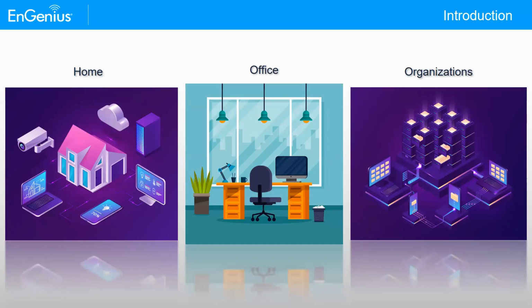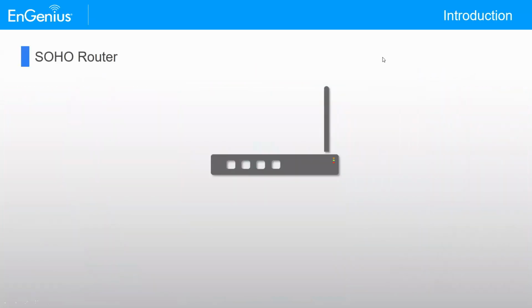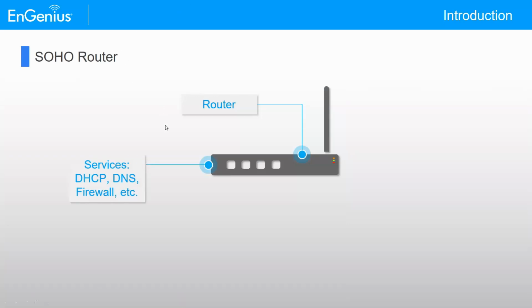If you look at your ISP, your internet service provider's router, the router has different components packed into it, especially for SOHO routers. Now, the main component is the router function. It can do NAT. Maybe some of it has a modem function as well to do PPPoE. So the router also has additional services such as a DHCP server, DNS server, firewalls, etc.